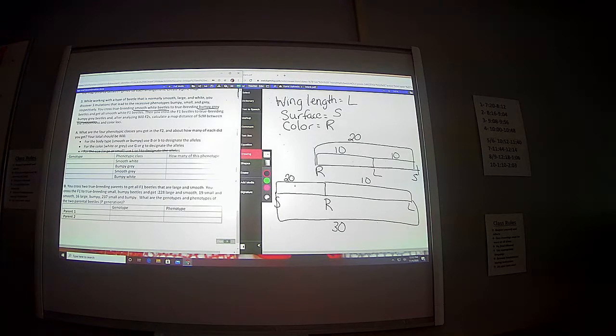So first we need to figure out our genotypes. So you're going through and you're trying to figure out which ones are dominant and which ones are the recessive form there.